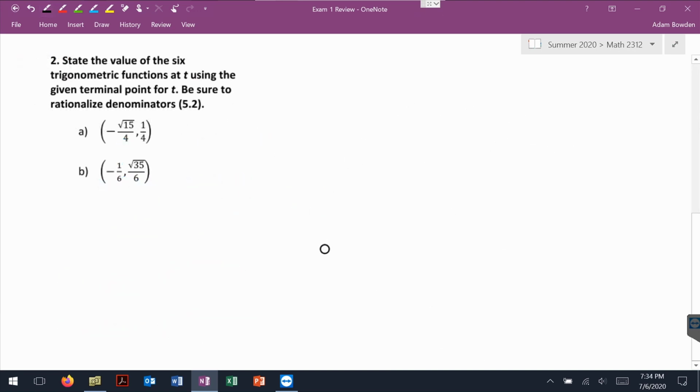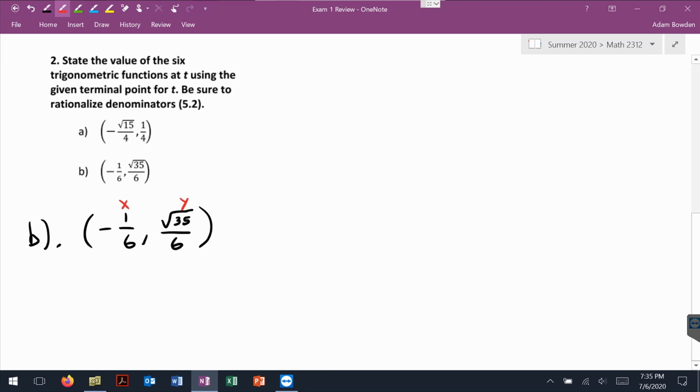On number 2, it says state the value of the 6 trig functions at t using the given terminal point for t. And so what we're asked to do here is, using the x and the y coordinates, determine the values of sine, cosine, and all the rest. So let's look at this point, negative 1/6, comma square root of 35 over 6.